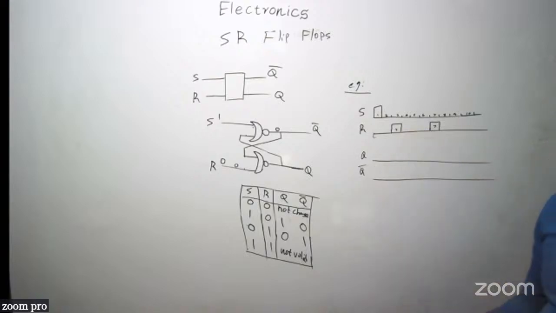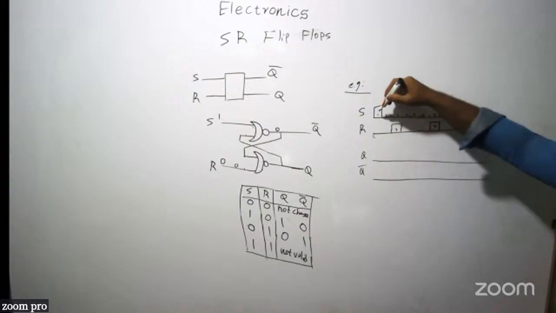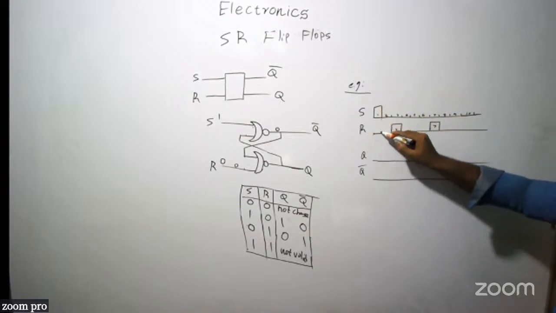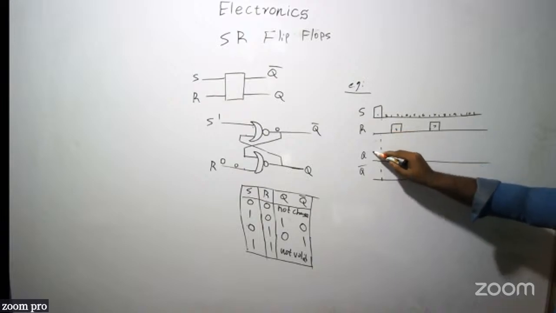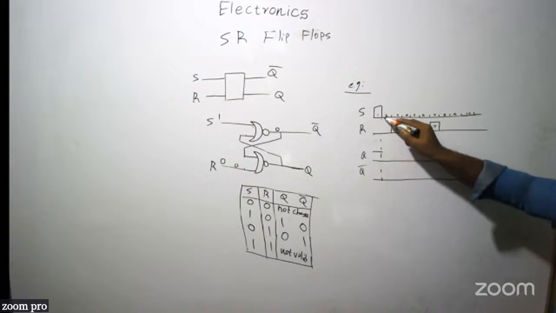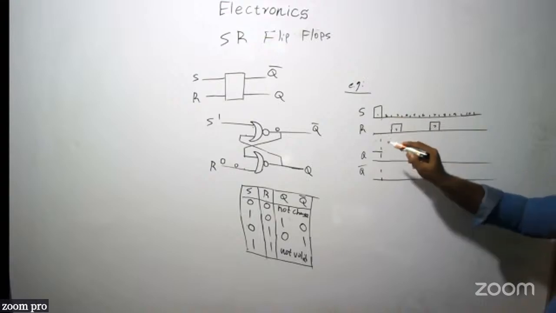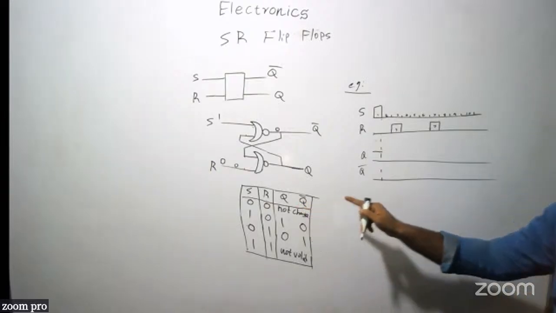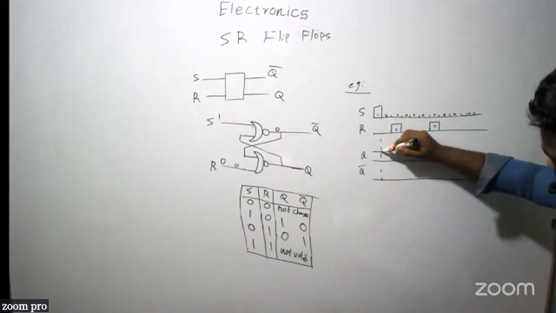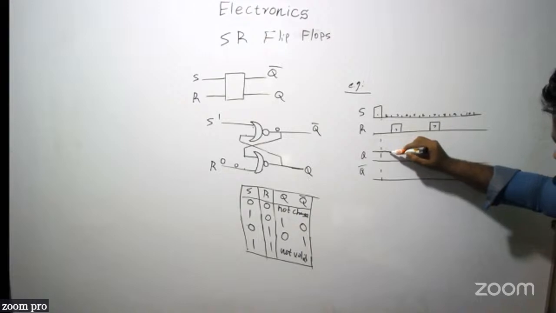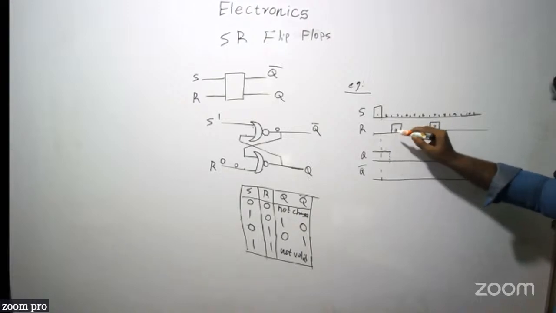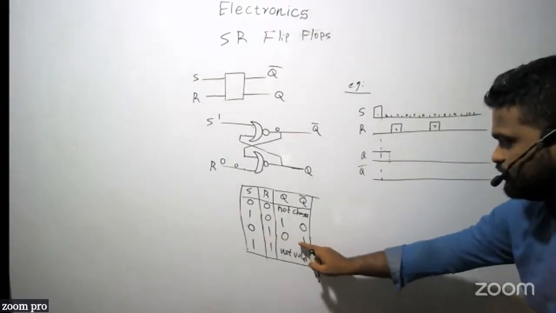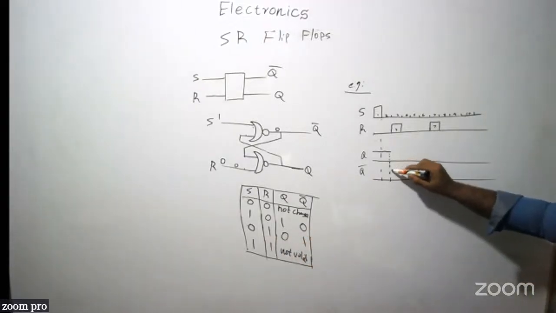The first case, it is 1 and 0, so you get Q as 1. Then in the second case, 0, 0. 0, 0 means do not change, so you get the same state. The previous state is 1. Then it is a reset state. Reset means Q bar becomes 1.